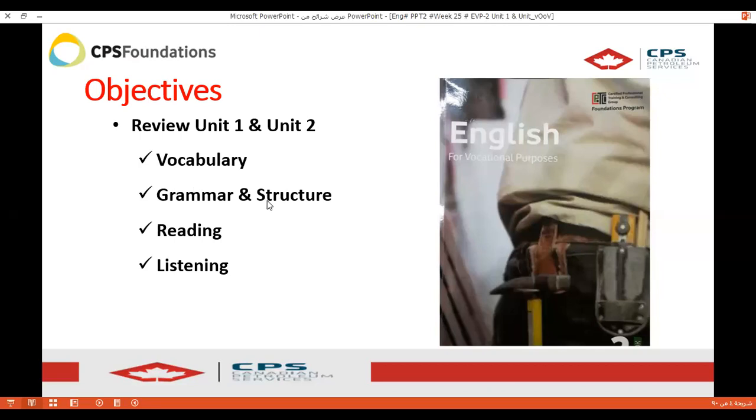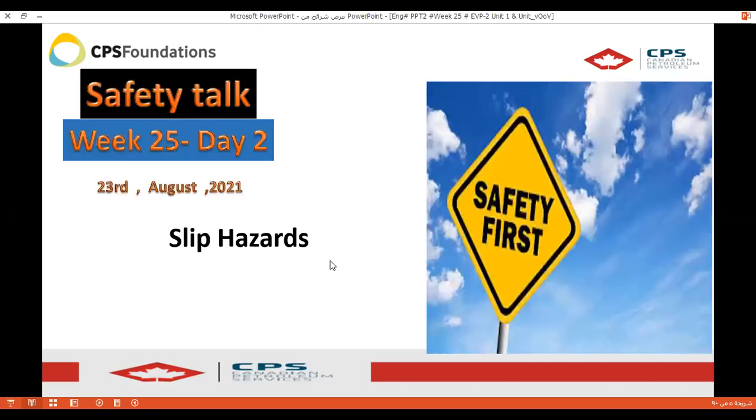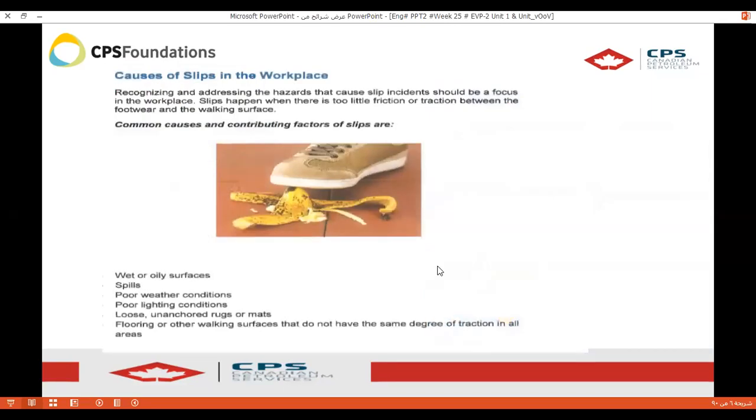As we always do, we start our lesson with a safety message, a safety talk. This week's safety talk is about slip hazards. Causes of slips in the workplace. Recognizing and addressing the hazards that cause slip incidents should be a focus in the workplace. Slips happen when there is too little friction or traction between the footwear and the walking surface.